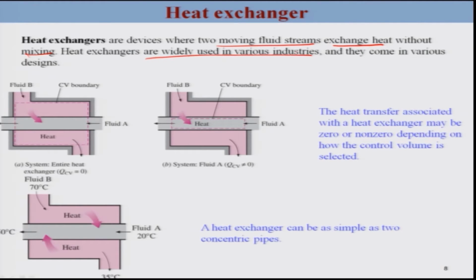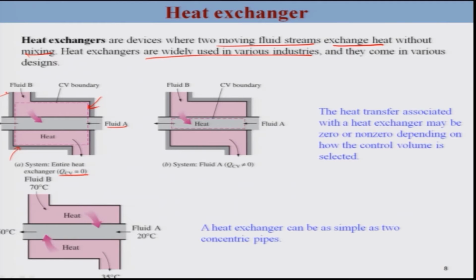For example, here you can see, let's say, a fluid A passing through a pipe, and then you have another fluid through this control volume. If you consider the control volume as the dashed line here, there is no additional heat transfer at the boundary from the surroundings to this control volume. It happens within this control volume. So thus your overall control volume heat exchange would be 0.